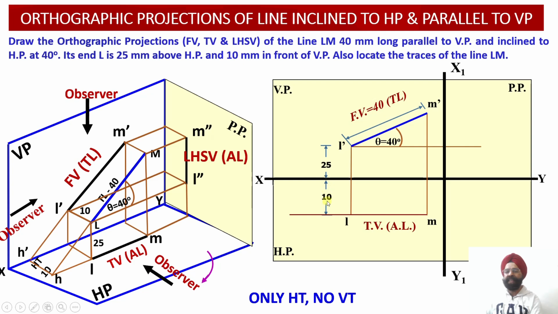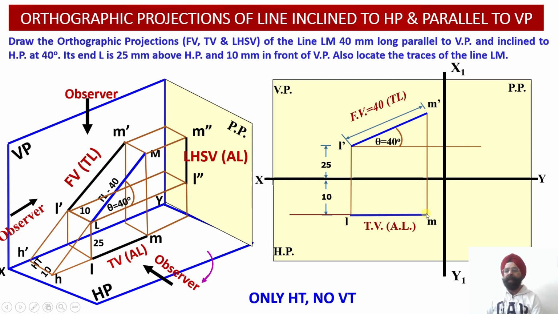Now, 10 millimeter below the XY reference line, we obtain the projections corresponding to the top view of this line LM, as foreshortened or apparent length projections, and these projections will be drawn parallel to the vertical plane because this line happens to be parallel to the vertical plane. So the projections L and M will be located at a distance of 10 millimeter below the XY reference line.